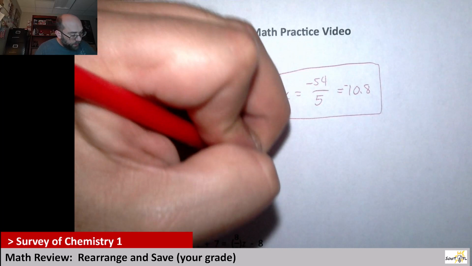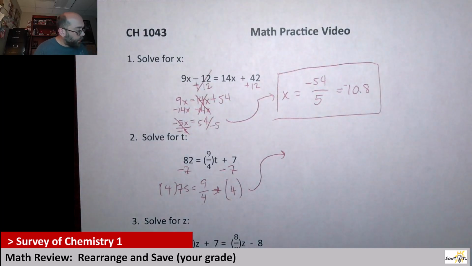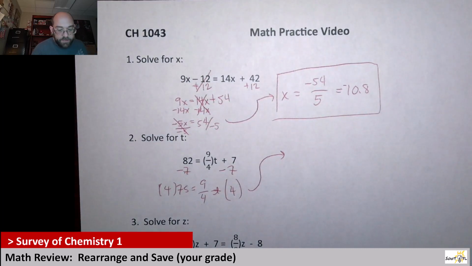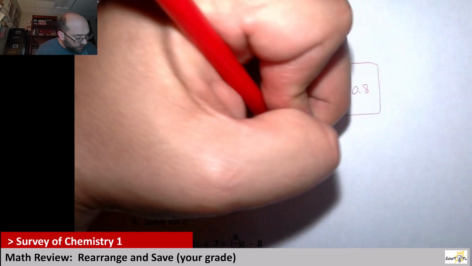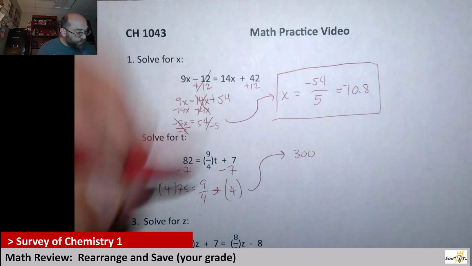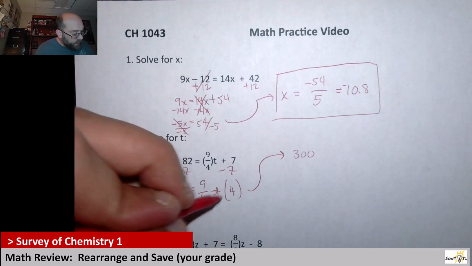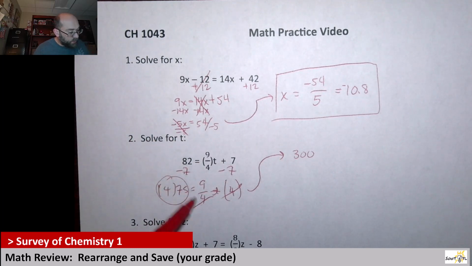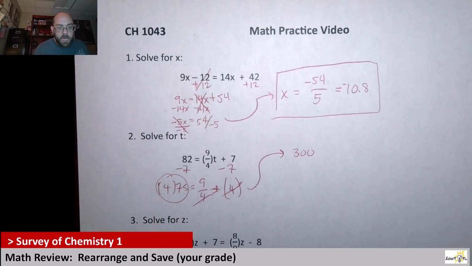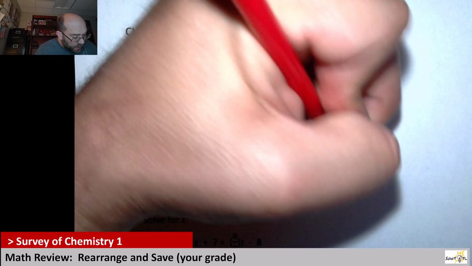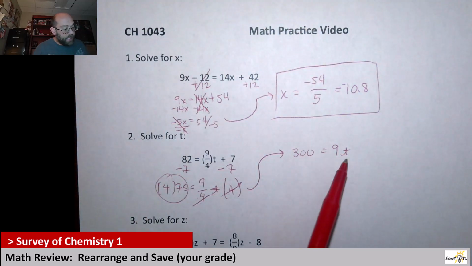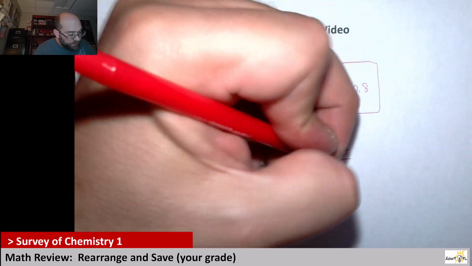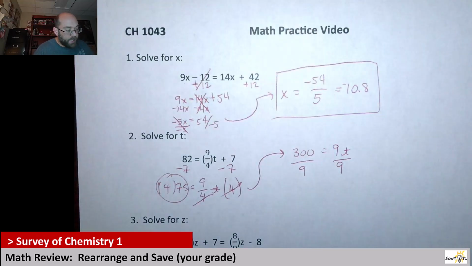Let me come up here because I'm running out of room. 4 times 75 should give me 300. These 4's now cancel because divide by 4, multiply by 4. And so now I get that's equal to 9t. Now 9 multiplying into t means I just divide on both sides by 9.